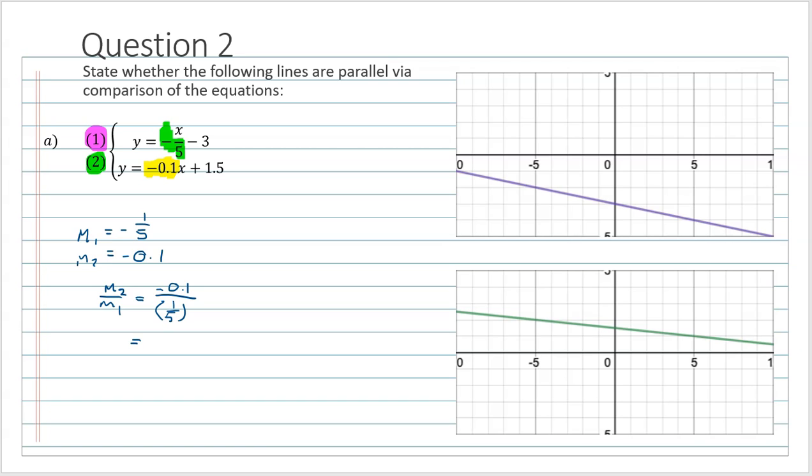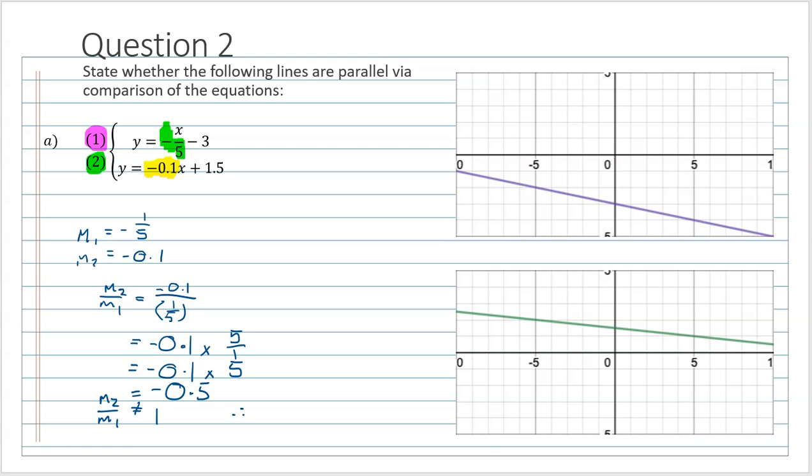Using fractional arithmetic, because I'm dividing by a fraction, I can say negative 0.1 times 5 over 1. So this becomes negative 0.5, which does not equal 1. m2 over m1 does not equal 1.